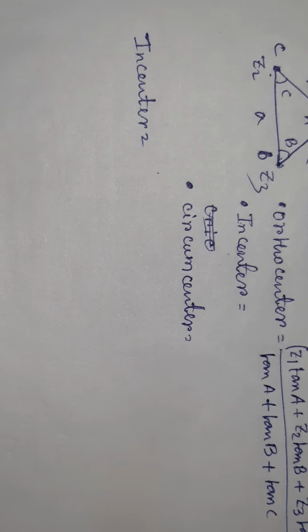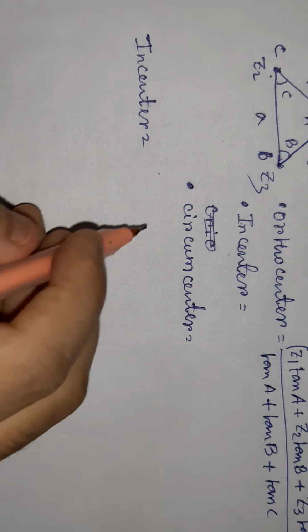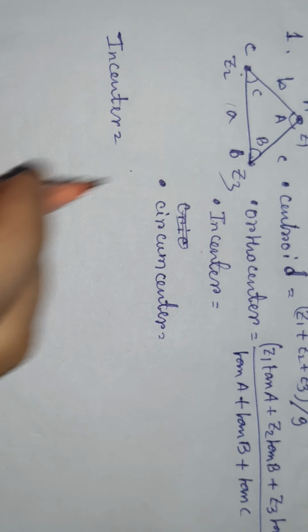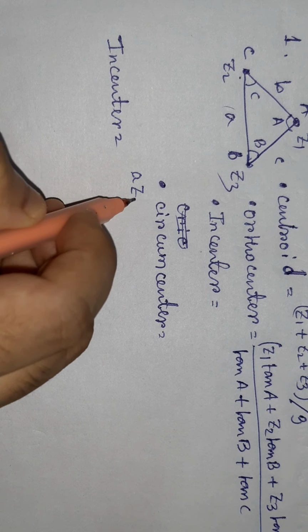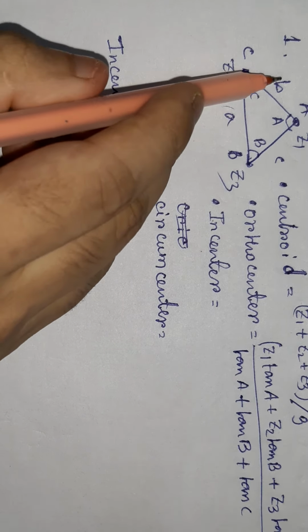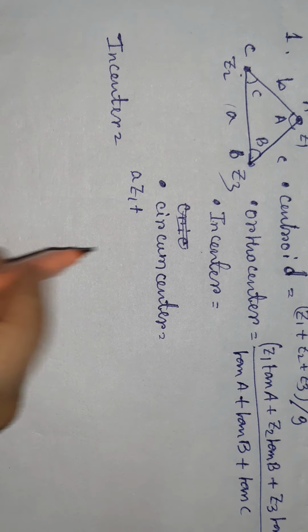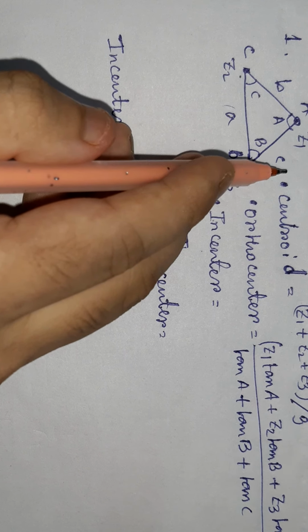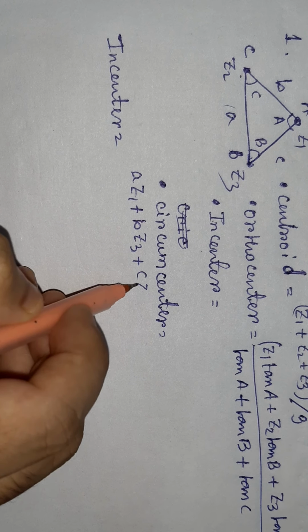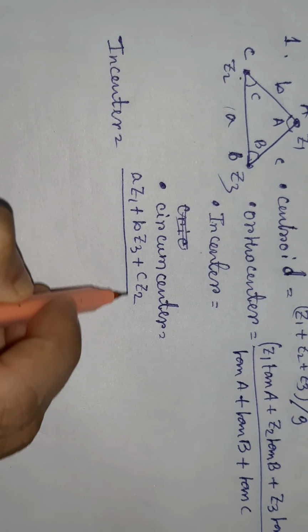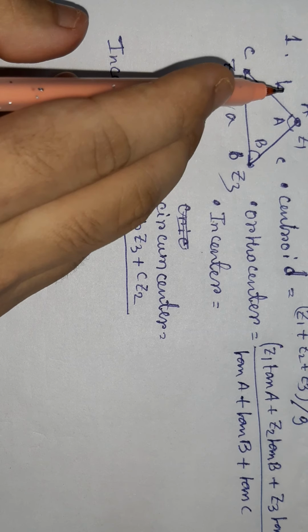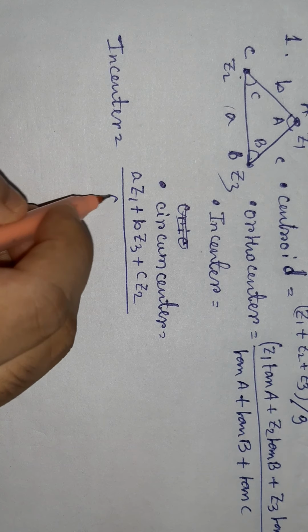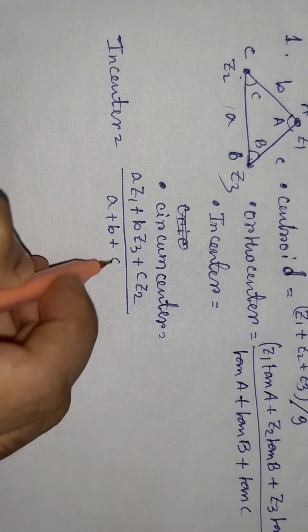So the coordinate of the incenter is a z1 plus b z3 plus c z2, divided by the sum of the lengths, a plus b plus c.